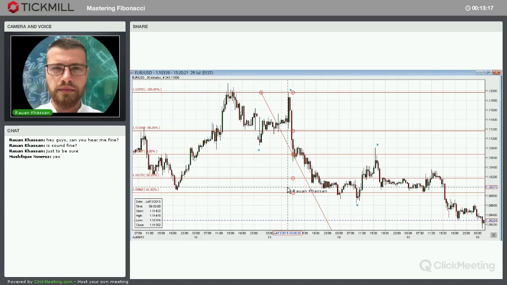Obviously, the most important thing in this example is the 161.8% extension level at the point of 1.0986. As you can see, euro-dollar tried to break below this price level three times during July 14th, and three more times during July 15th on a low enough time frame.